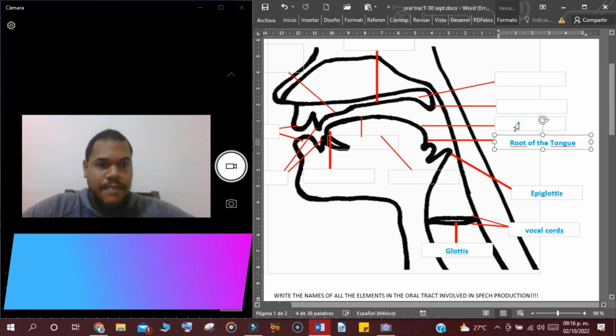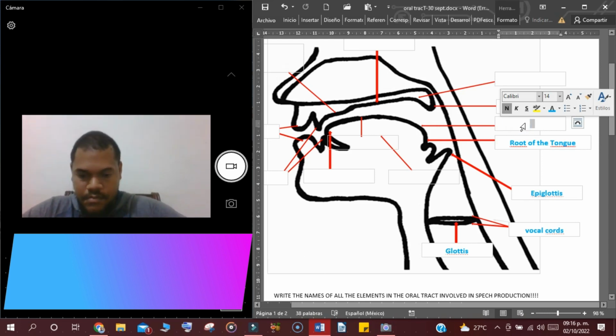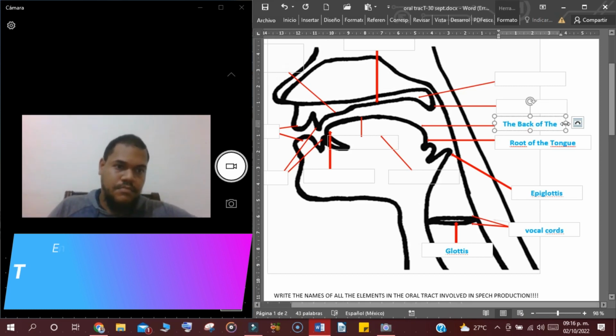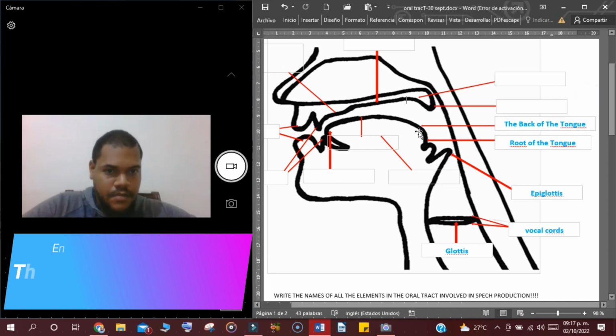Right here we have the back of the tongue. Back of the tongue here.